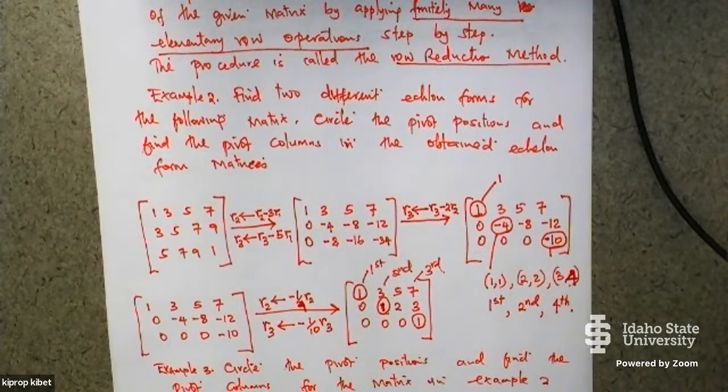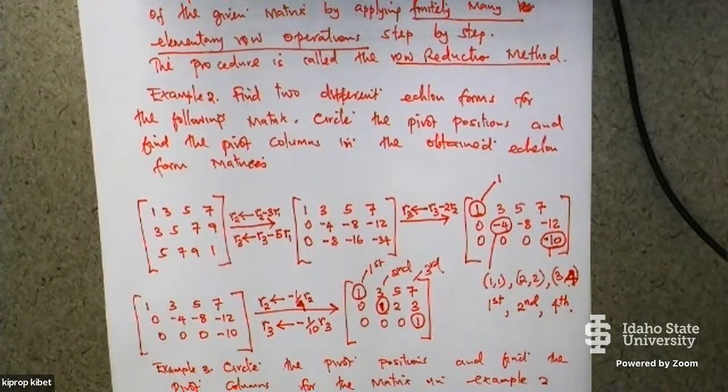So we have solved here, and we circle that. We have that, and the last one here. So those are the pivot positions here, which we got from here. So the pivot columns are the same thing. It is the first, the second, and the third columns.